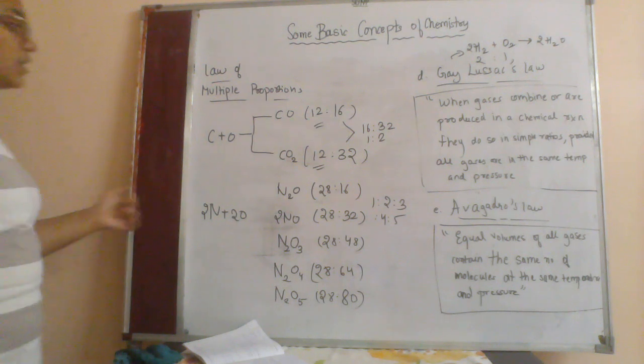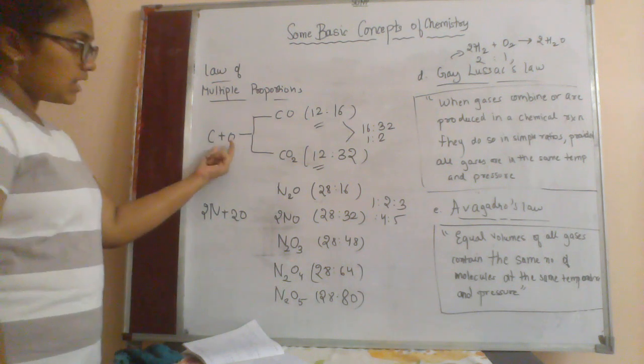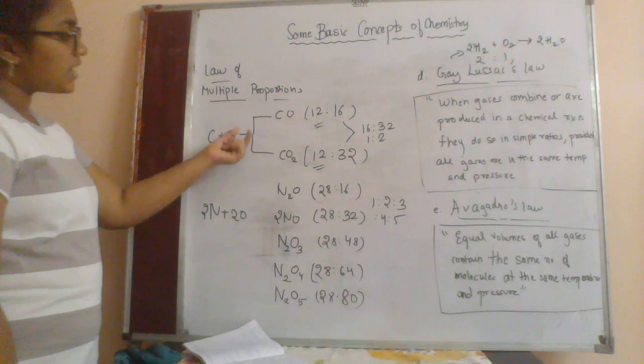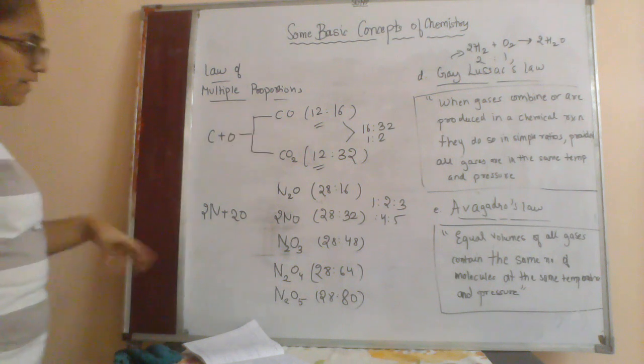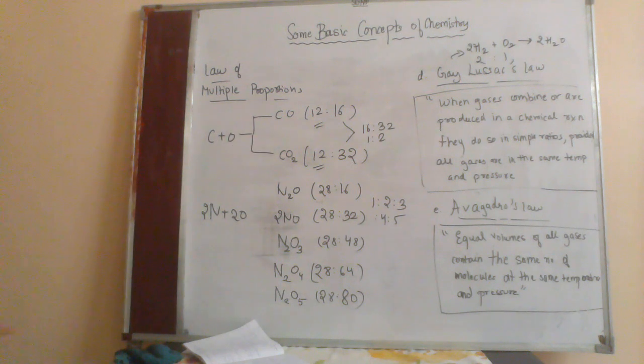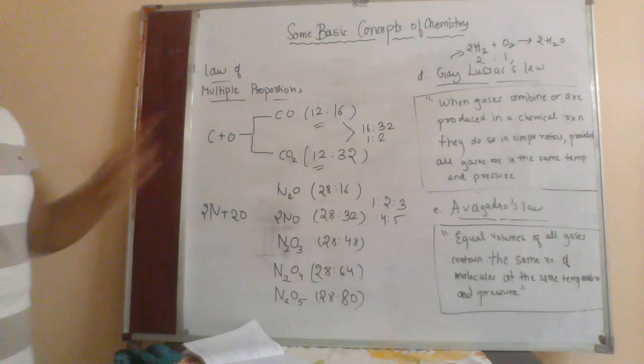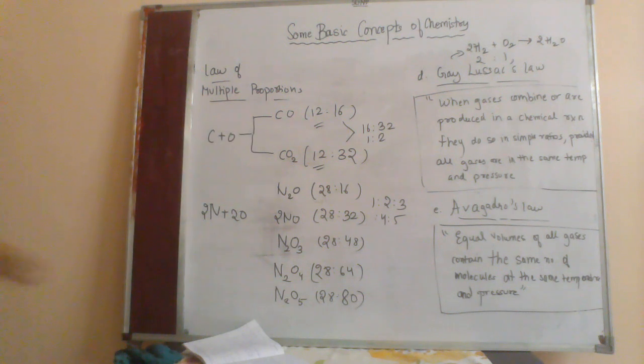Here the changing mass is oxygen, and it is the same element reacting with the carbon, but in the form of 1:2 ratio. So the law was that the elements react with the fixed mass in the form of whole numbers. So 1:2 is simple whole numbers.